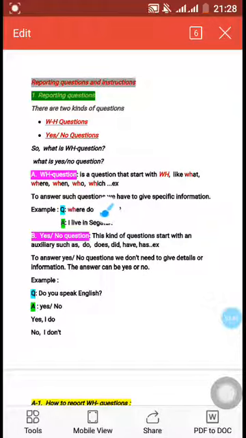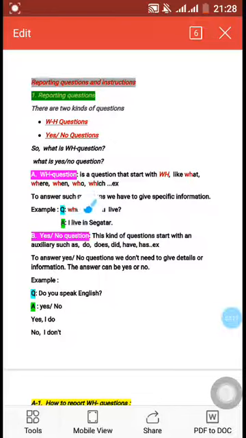Example, for instance we have: Where do you live? Where do you live? هذا سؤال WH questions. علاش نقول إنه it's a WH question? Because it starts with W and H. Okay. So we have for instance the answer.